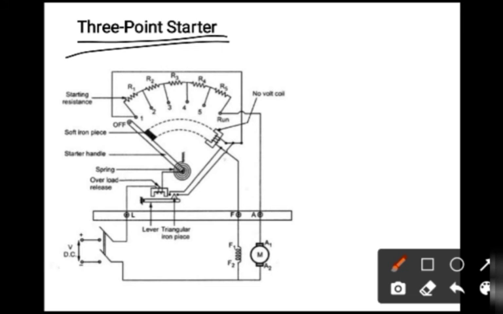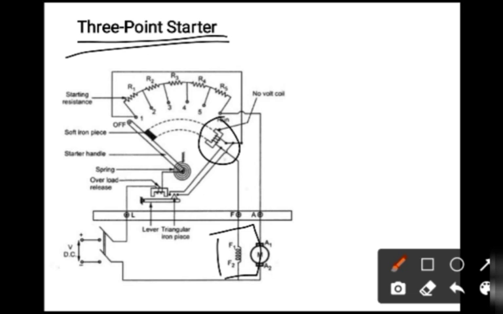Disadvantage of the 3-point starter. As we have studied in the constructional details of the 3-point starter, the field winding is connected firstly to the NVC coil, and the other end of the NVC coil is connected to stud number 1.